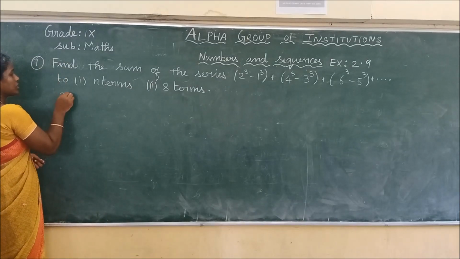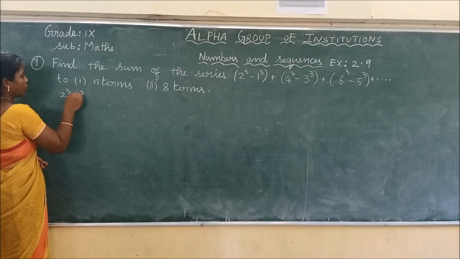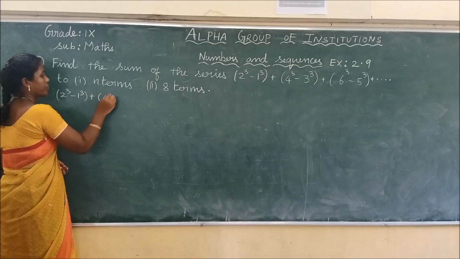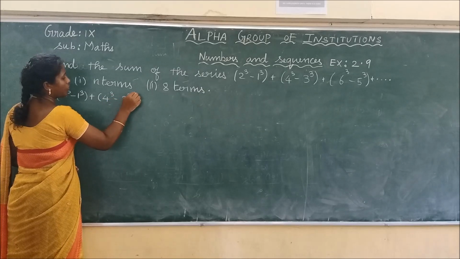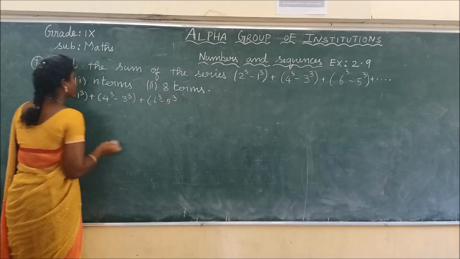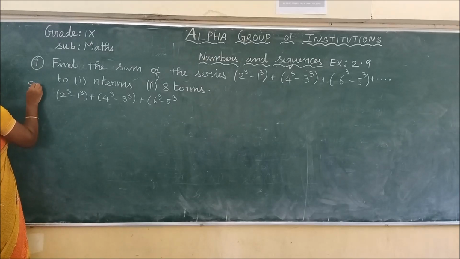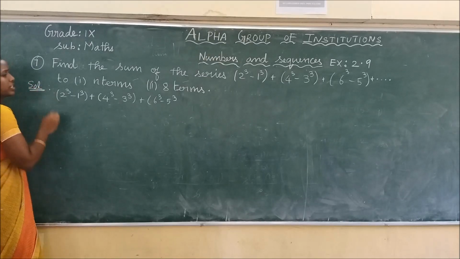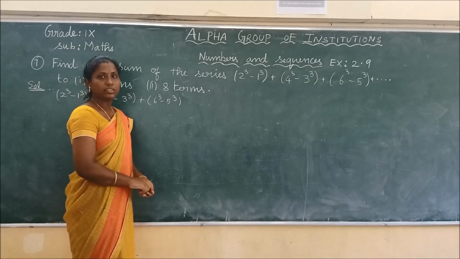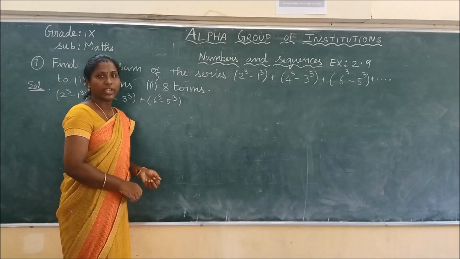So first, the given series is 2 cube minus 1 cube plus 4 cube minus 3 cube plus 6 cube minus 5 cube. We are going to create the nth term here, because if you know the general nth term, we can apply the formula and find the value.